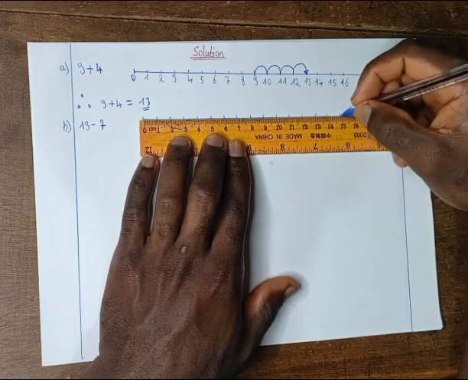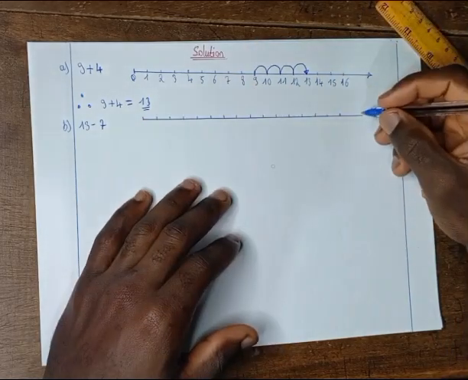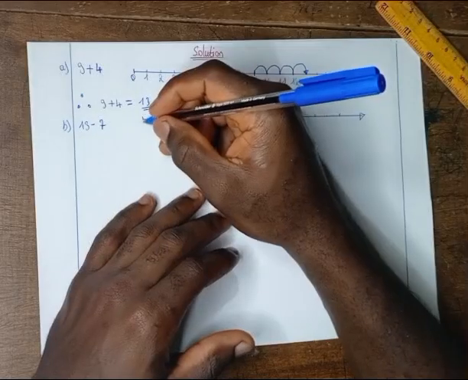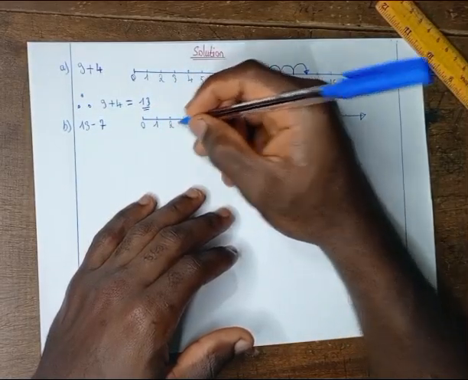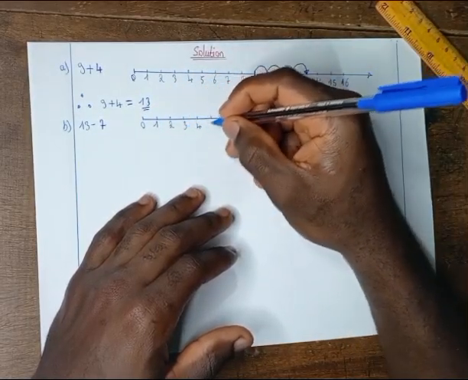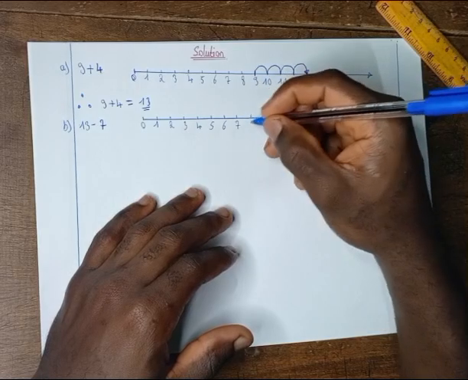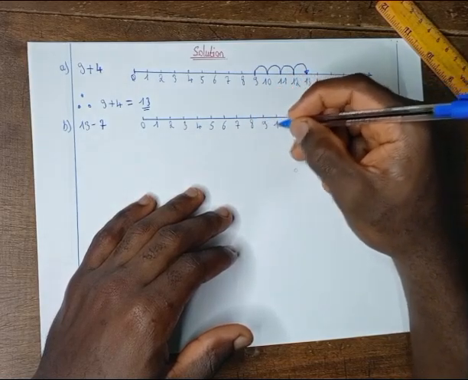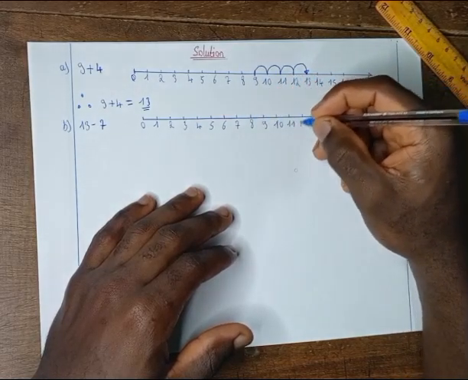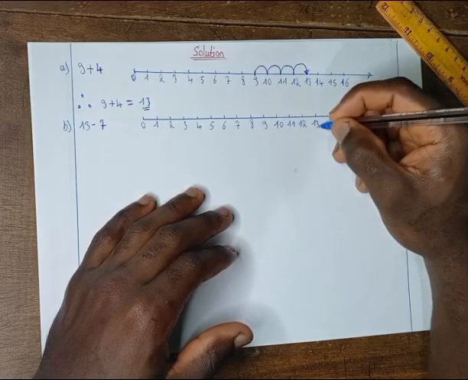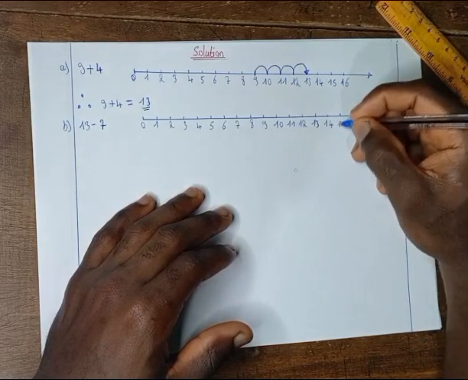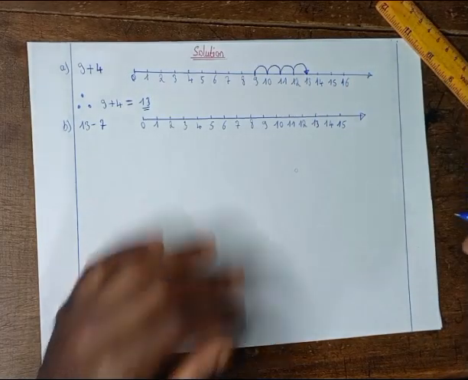We can end at 15 here. Since movement will be done towards the left hand side, this is 0, 1, 2, 3, 4, 5, 6, 7, 8, 9, 10, 11, 12, 13, 14, 15.